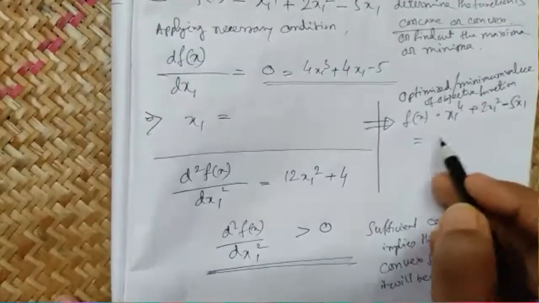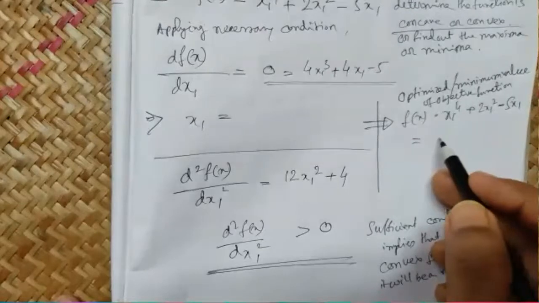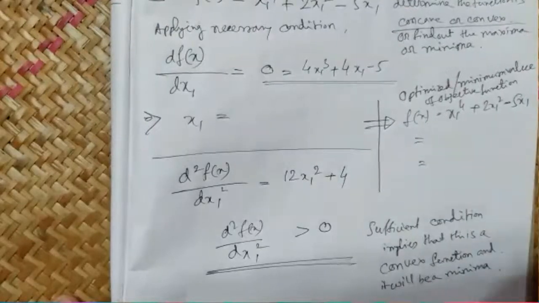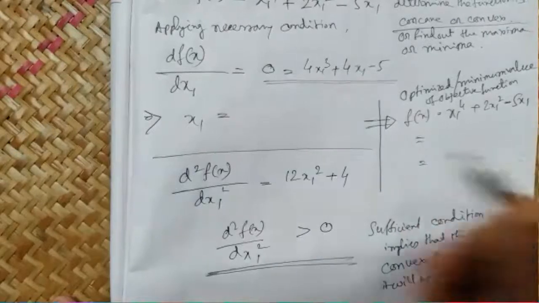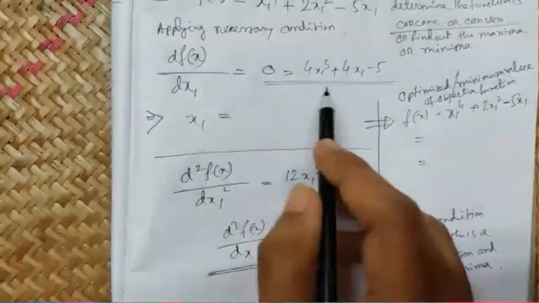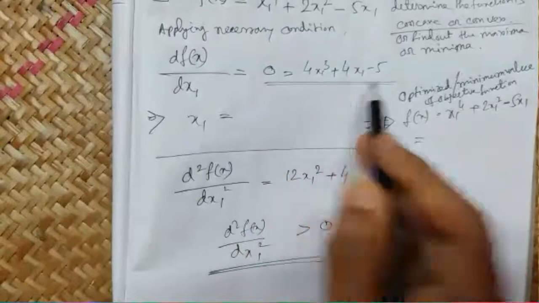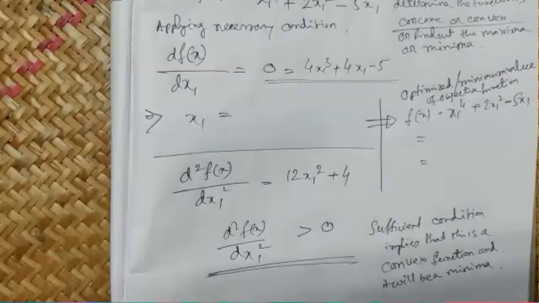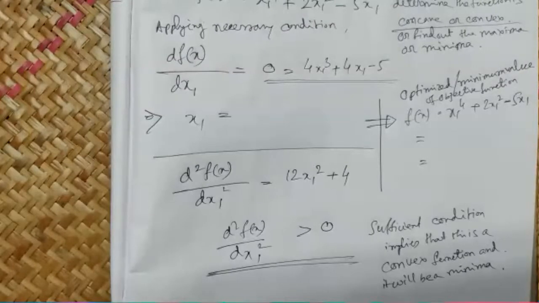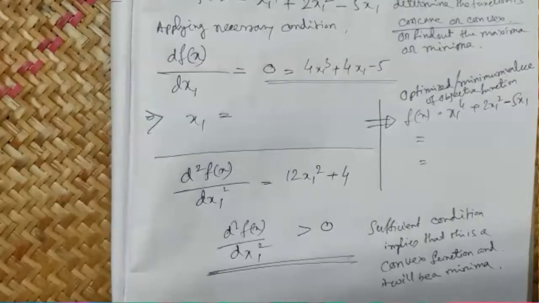You just push the value of x and you will get the minimum fx. So now can you tell me what is the value of x1 from this equation? Anyone?